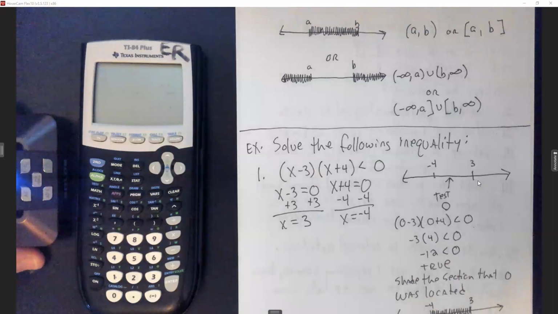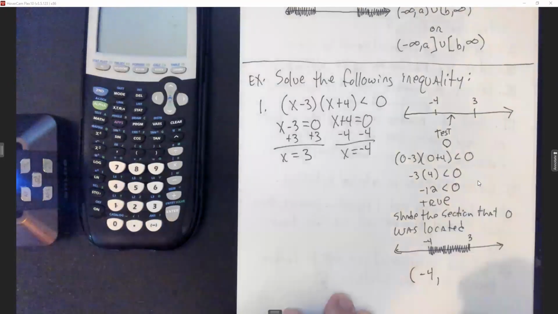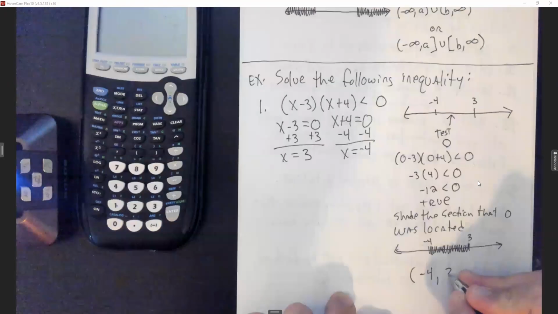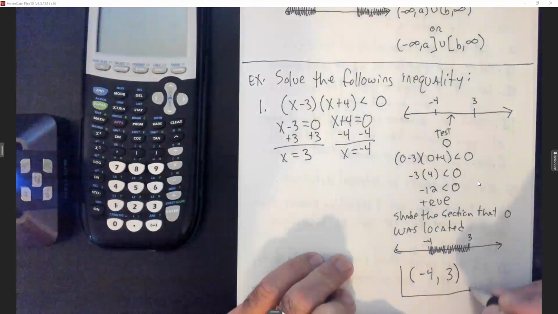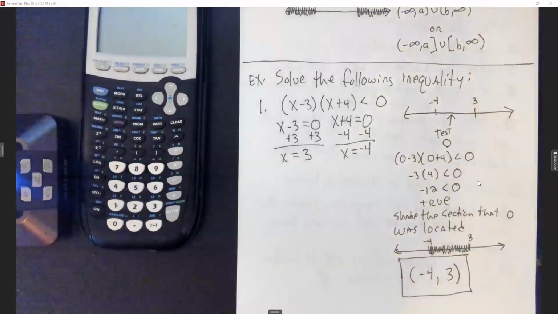So your two numbers and then parentheses. So I would have parentheses. My first number is a negative 4. And then it goes all the way to a positive 3. And I use parentheses. This right here is what MATLAB wants, is our interval notation on that.